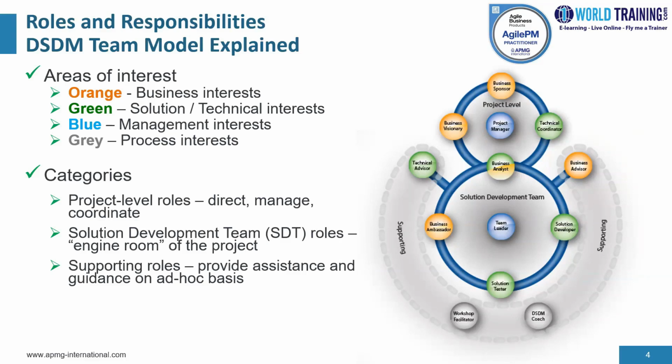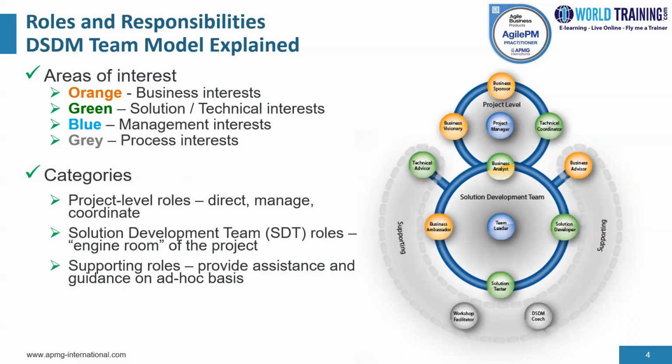These are roles representing the management and leadership roles. So on this diagram, we have the project manager, we have the team leader. These are the management interest roles. And then the gray colored roles are the roles that are interested in the process. So on this diagram, we have the DSDM coach and workshop facilitator. These are the gray colored roles.